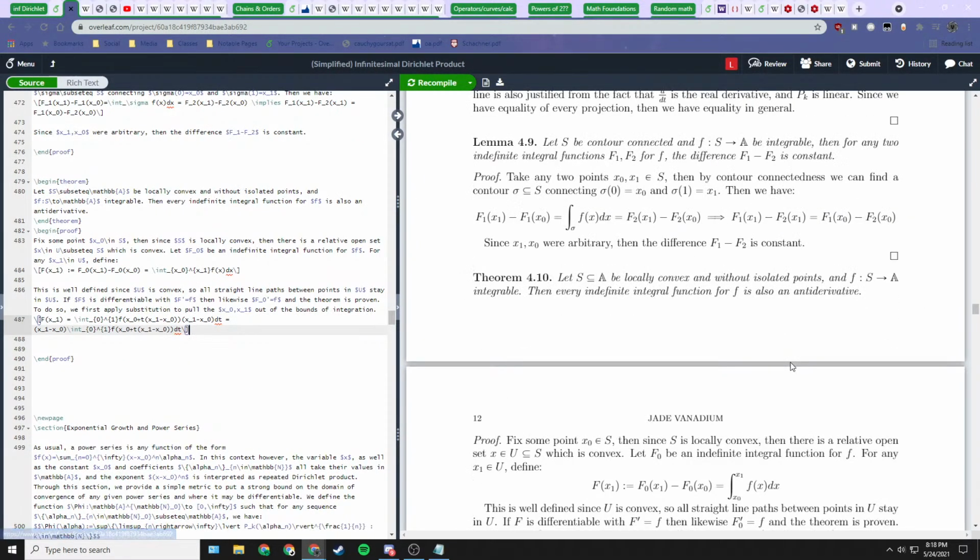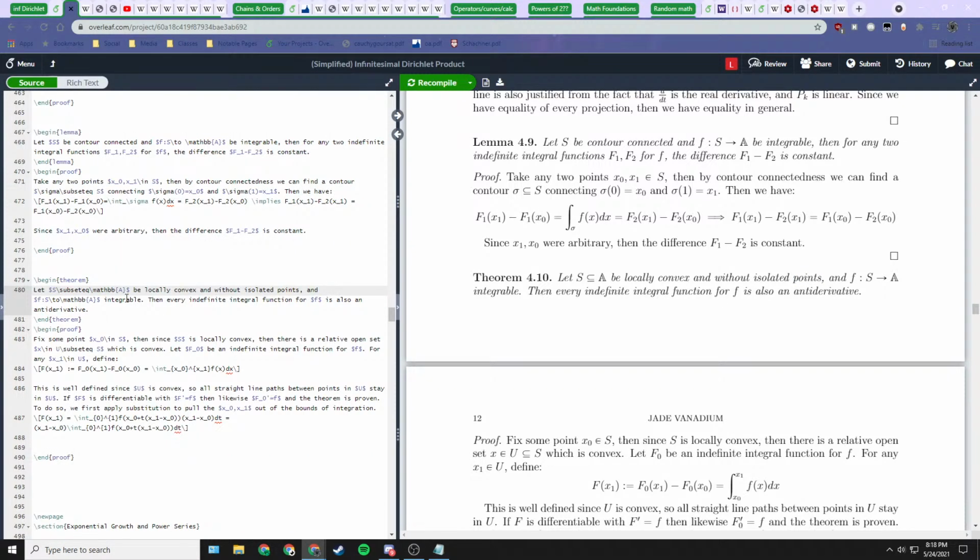I'm just going to say it's continuous instead of saying it's integrable, which is stronger.